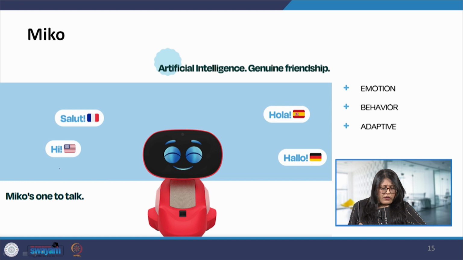And Miko also is AI based, so it is able to understand emotions, it also observes behavior and works accordingly, and at the same time it is also adaptive, so it remembers, and similarly to LEQ, it also recalls, but this is specially for children.